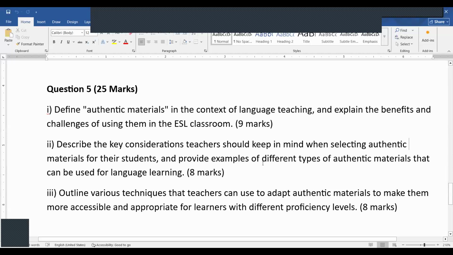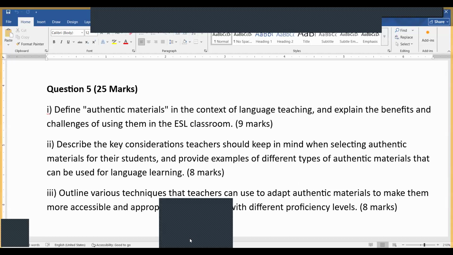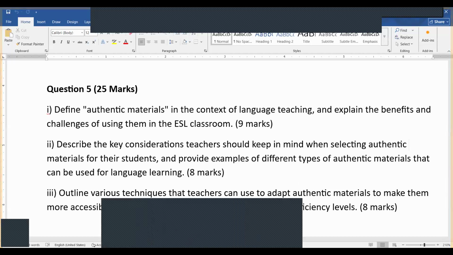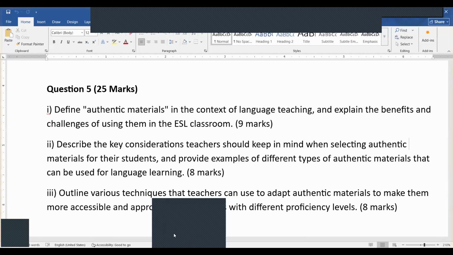Here, provide examples of different types of authentic materials. And supplementary material actually. Then the last one: authentic materials are not the original one, but they give the deep meaning, and after that we have to simplify them.